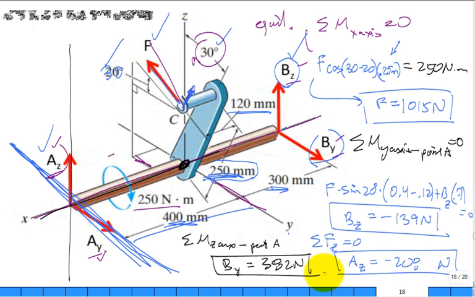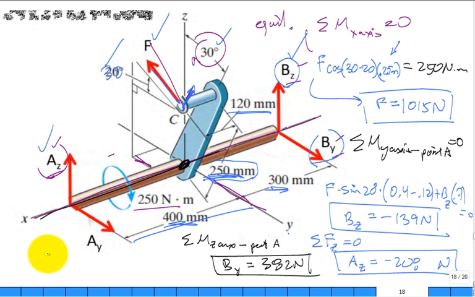And then the last one, what about the sum of the forces in the Y direction? I'm running out of room, so I'll just erase here. The sum of the forces in the Y direction must equal 0, which gives us an equation of equilibrium. And then the force AY is equal to 573 newtons.